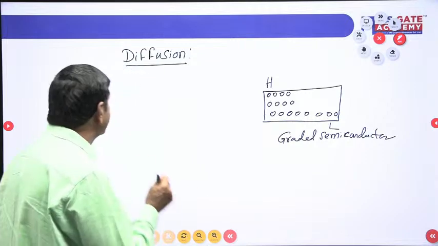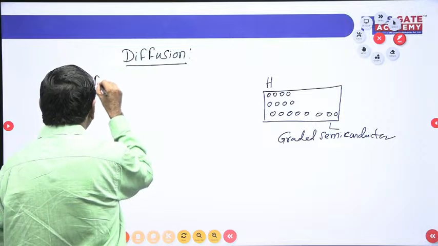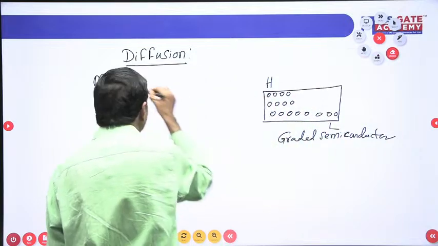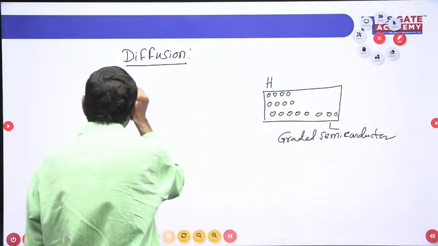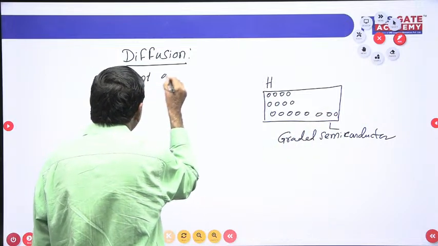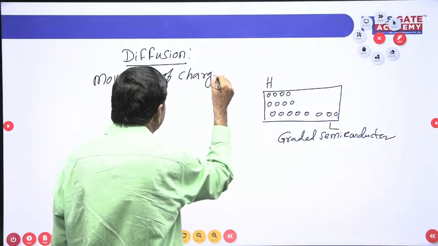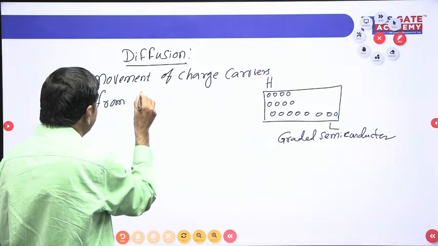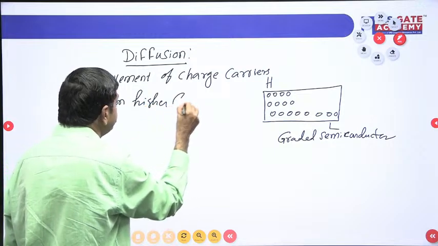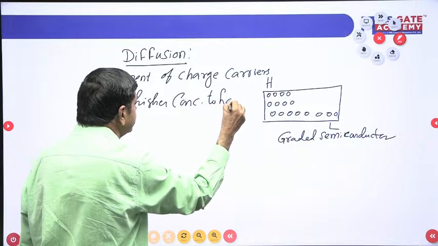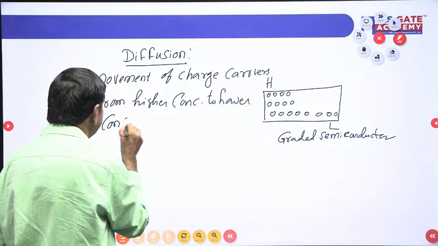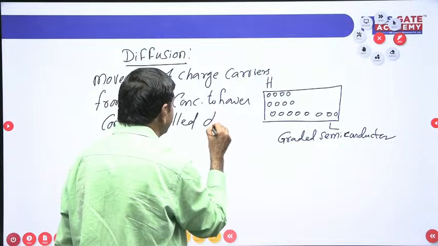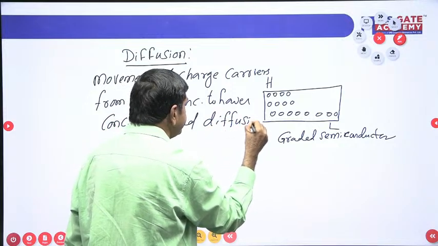The definition I can give for diffusion is: movement of charge carriers from higher concentration to lower concentration is called diffusion.